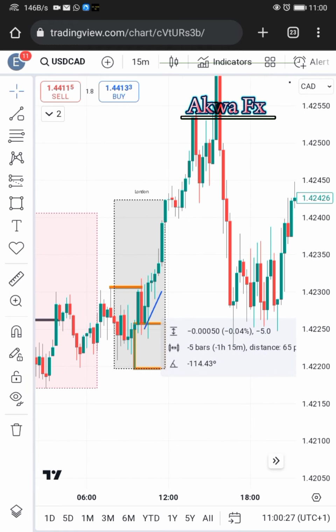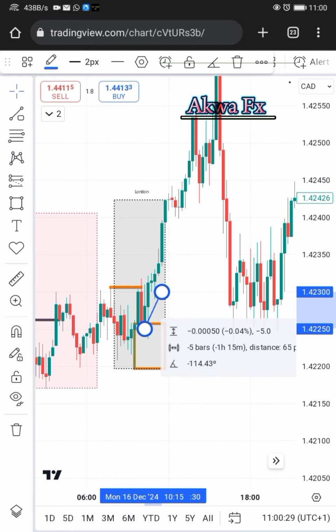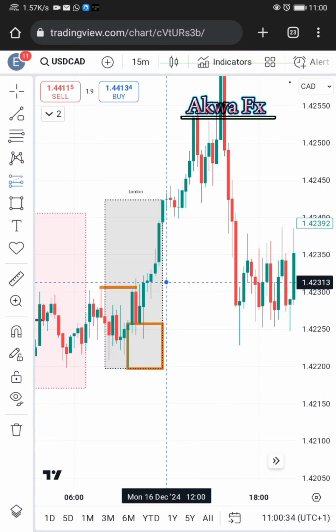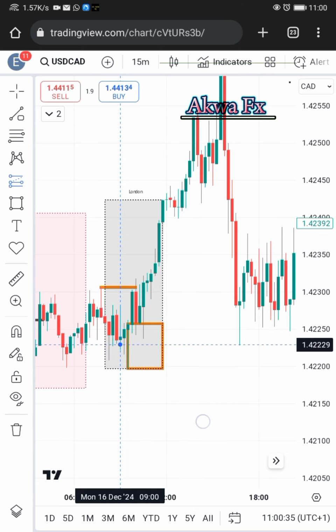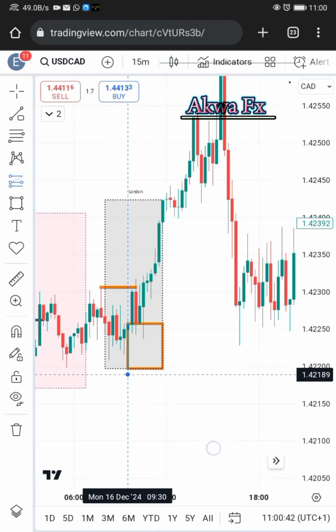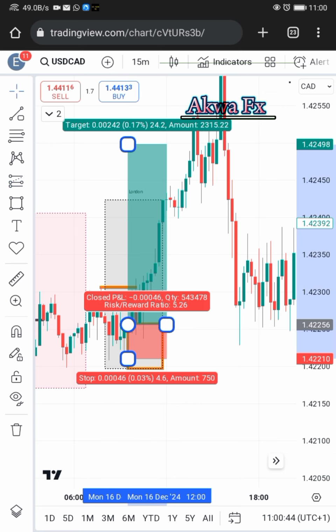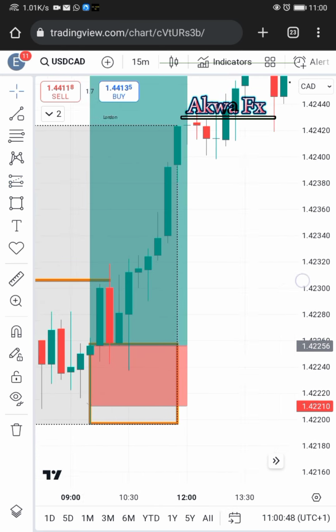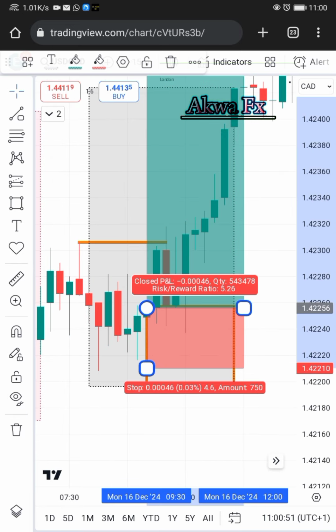You can target your 1 to 10 right there. So you place your trade right here at this zone. Here is the last bearish candle, but this very bullish candle right here, the wick is too much, so that's why I'm using this one, because it has the longest wick, more than this bearish candle right here.